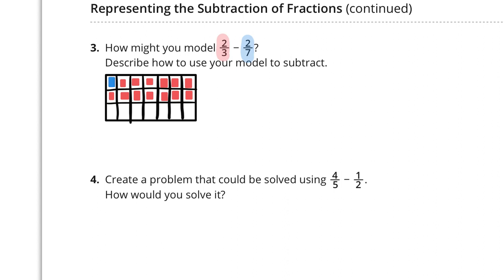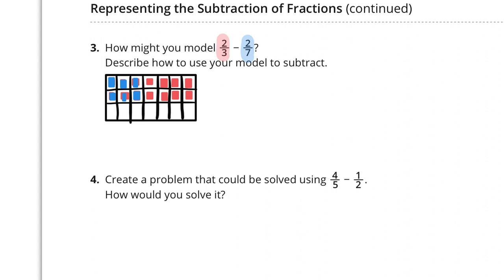So let's fill these 2/7 with blue squares. Next, I'm going to move a couple of these over here to show that these blue ones are taking away these red ones. Or yeah, they're canceling each other out there.